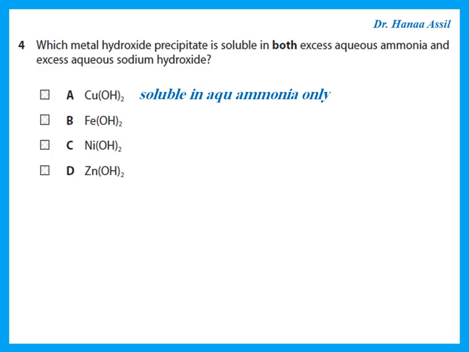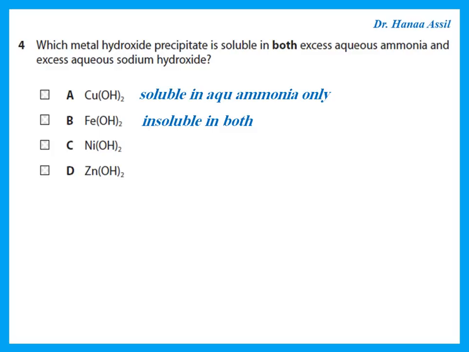If you add sodium hydroxide to a copper ion, it gives blue precipitate insoluble in excess. Now, iron, this is iron 2. Iron 2 will form a green precipitate that is not soluble in excess ammonia, and it's not soluble in excess sodium hydroxide. So it's insoluble in both.